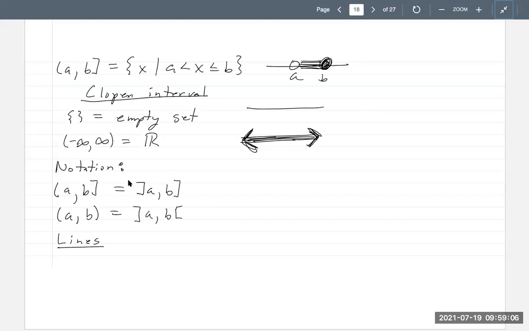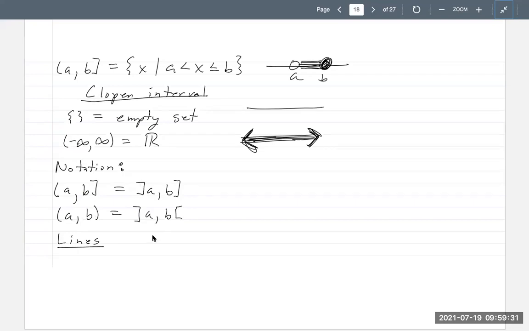If it goes in the outside direction, so it doesn't include what's in the interval, then that's the open one. So this would say, well, it does not include A, but it does include B. Whereas this says, well, look, I don't include A, nor do I include B.